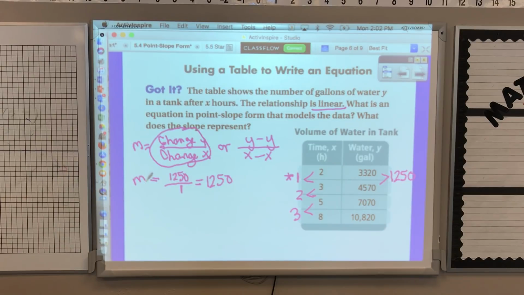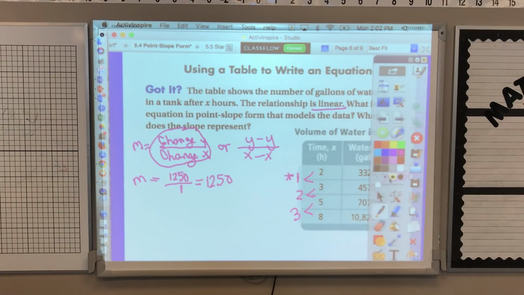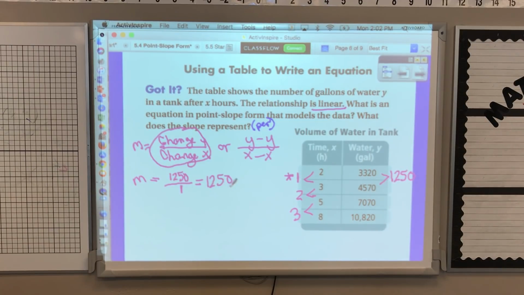Okay, now they do ask me what does that slope represent, so that means right away I need to label that. Whenever they're asking what does the slope represent, they want you to label it using the word per. That's your interpreting of your slope, your rate of change. Okay, so to do that, it's 1,250 gallons per hour.